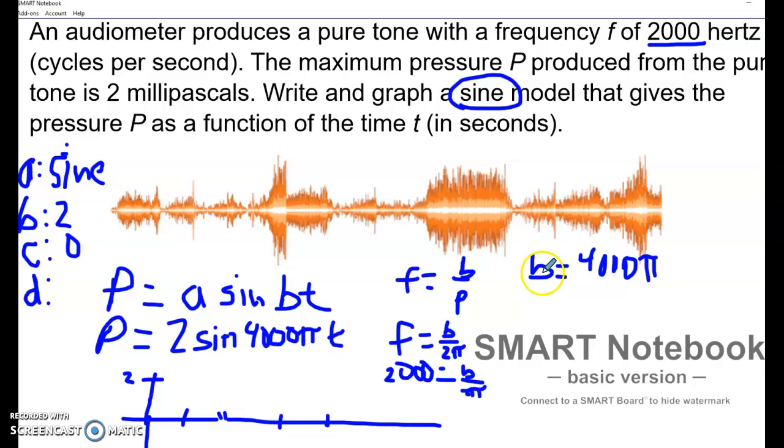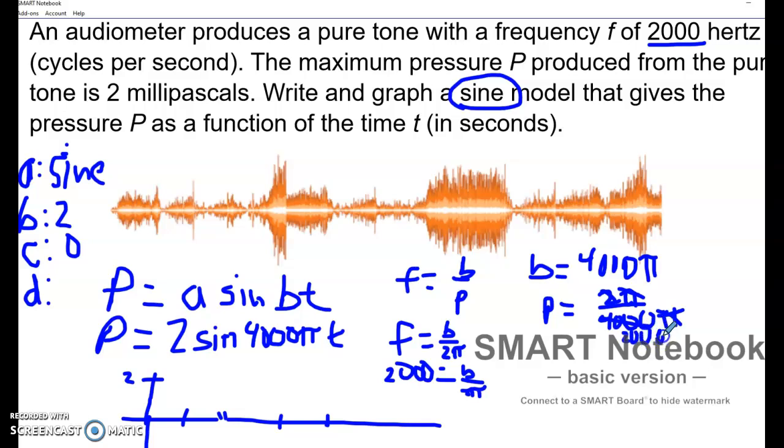We do know what B is. B is 4,000 pi. So we do need to find out the period. The period, if you remember that formula, is 2 pi over 4,000 pi. And if you reduce that, the pi's cancel, and the 2 goes into the 4, 2,000.